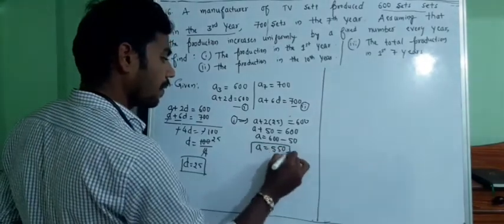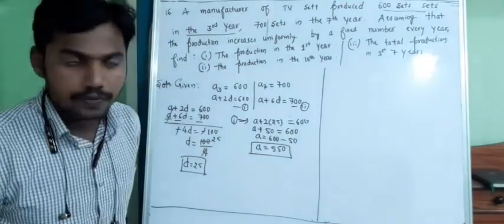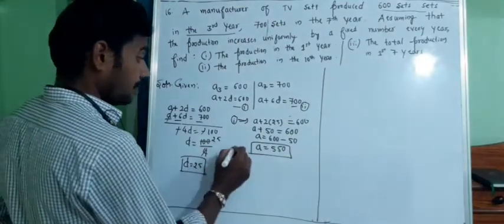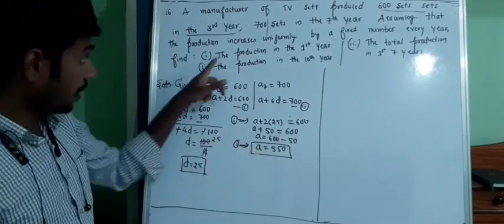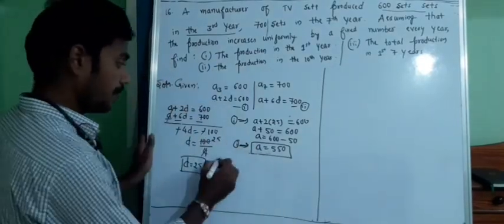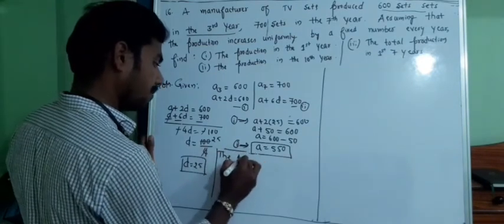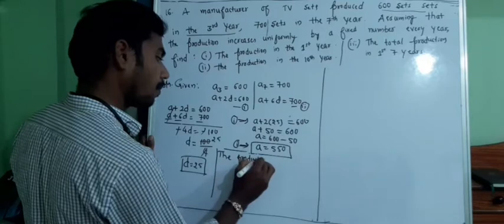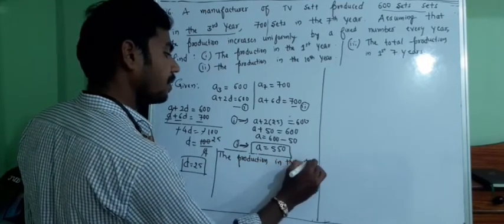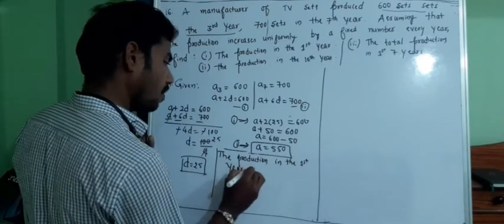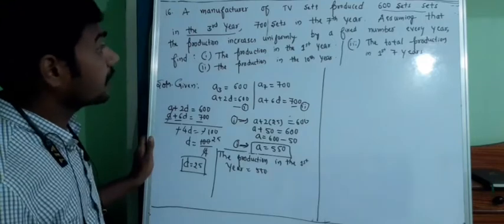Yes. So the production in the first year is equal to 550. Next, this is answer for the first question. The production in the first year is equal to 550.